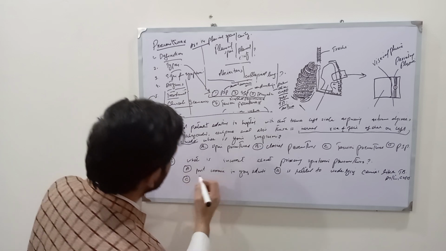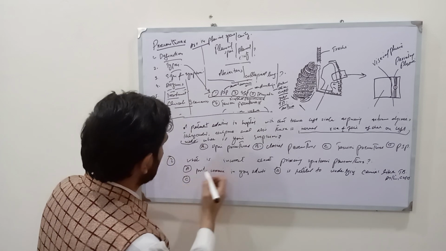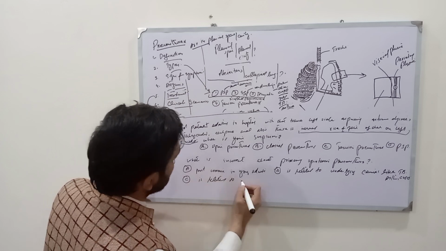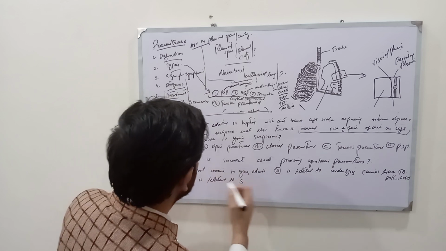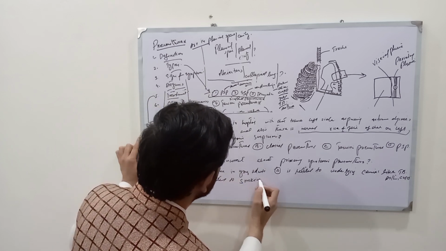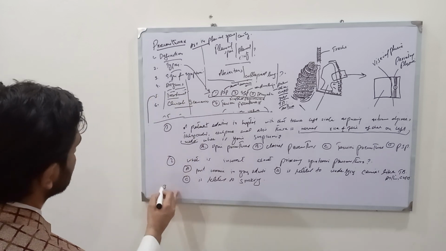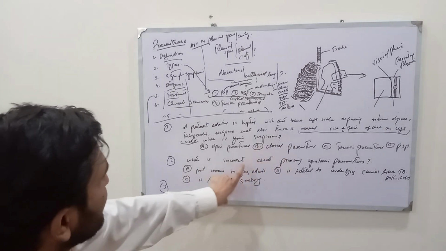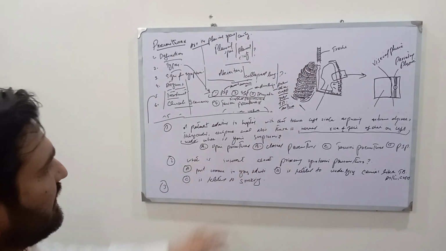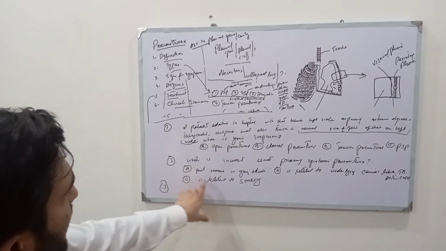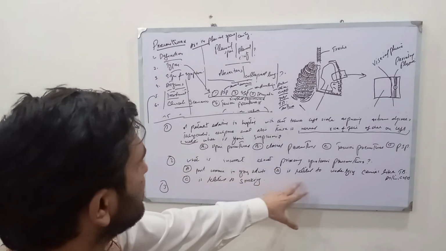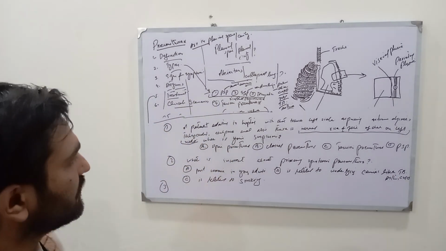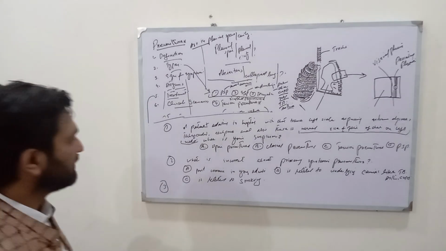C option: related to smoking. So here is primary spontaneous pneumothorax. The question is what is incorrect about primary spontaneous pneumothorax? Either it is most common in young adults, either it is related to underlying causes like TB, asthma, COPD, or it is related to smoking. You tell me the answer.